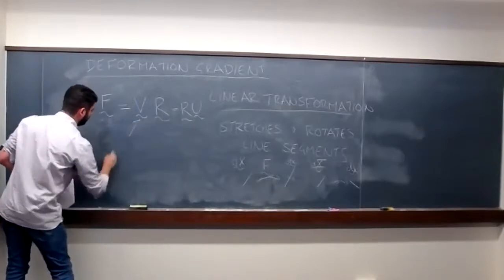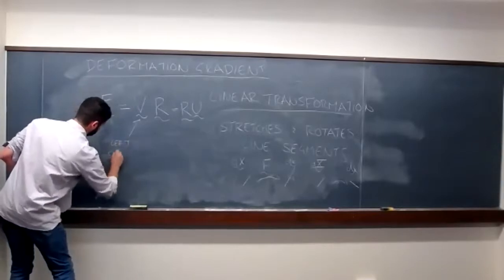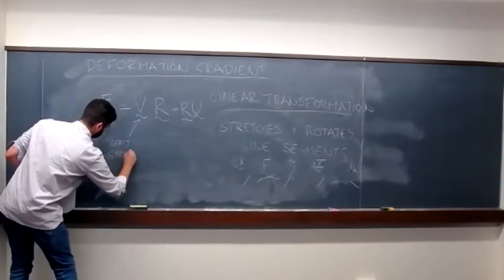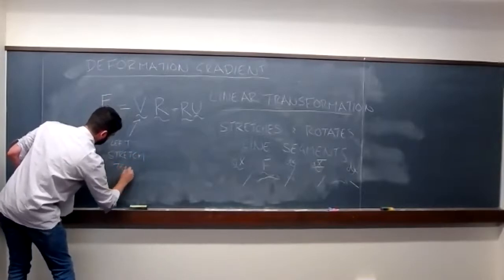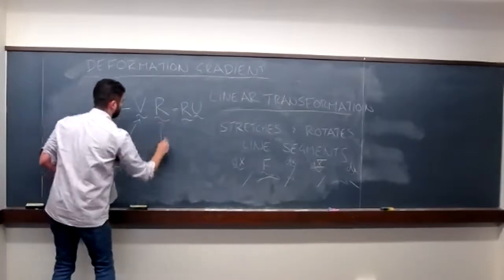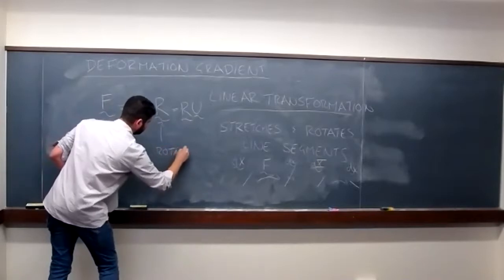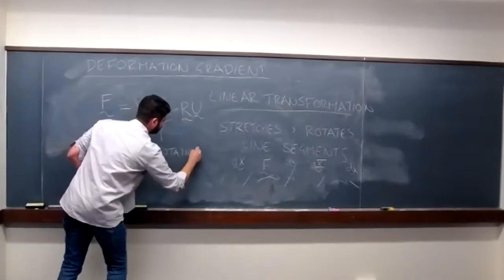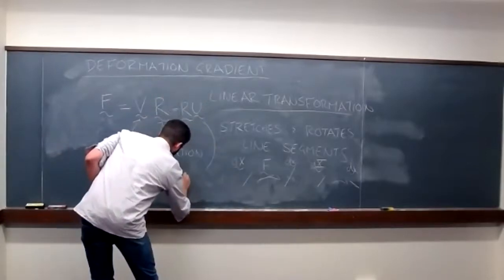And this value V is known as the left stretch tensor. R is a rotation. And U is the right stretch tensor.